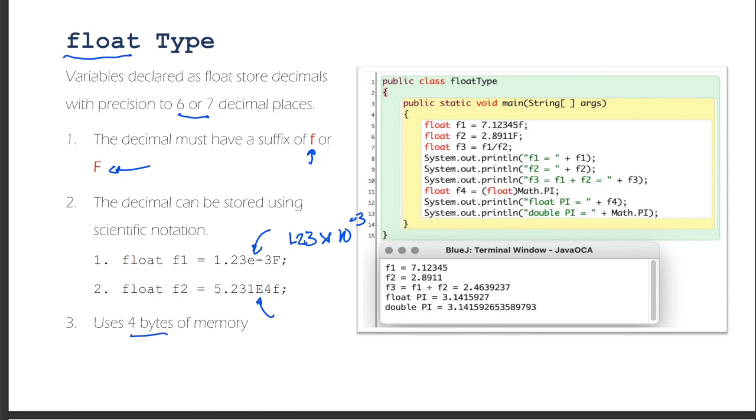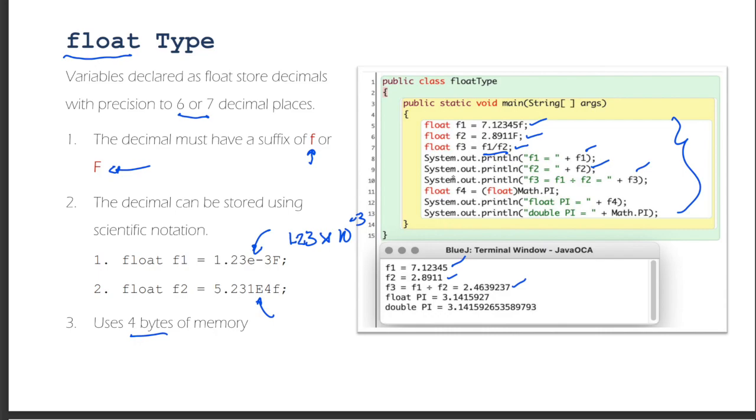And it uses 4 bytes of memory, and we can see that there's some code here in the graphic. I took F1 was a float, F2 was a float. Notice F3 was the division of 2 floats. And then we printed out the results for each of these, and we see here's the output for F1, F2, and for F3.